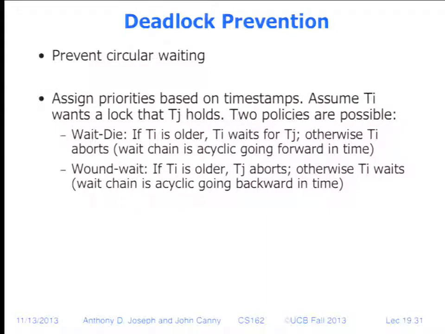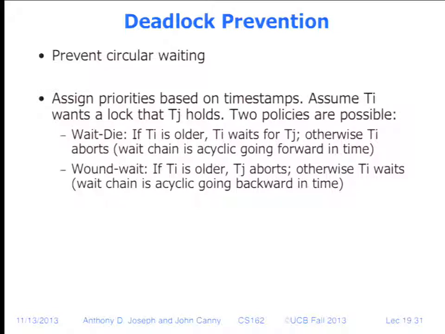One of them is called wait-die, which means if transaction Ti is older, then Ti has to wait for Tj, so the older transaction waits for the newer one. If the ordering of commencement time of the transactions is otherwise, you have to abort Ti.